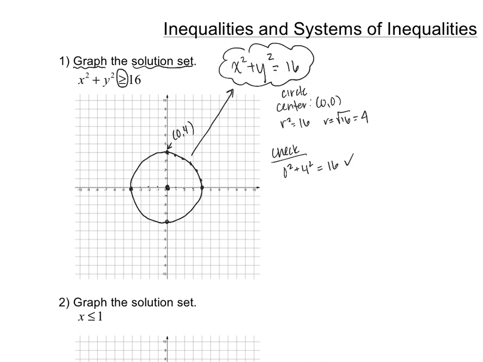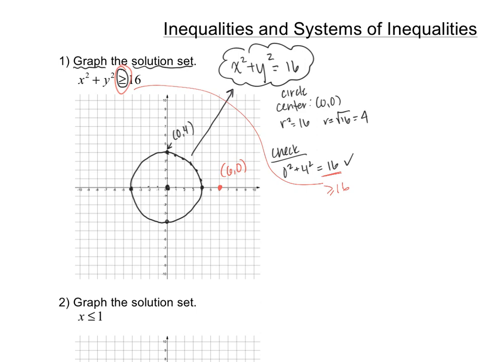So what we're looking at now with inequalities is actually a bunch more solutions. When it says x squared plus y squared is greater than or equal to 16, we're looking at ordered pairs that will make a quantity that is not just equal to 16, but bigger than or equal to 16. If I pick a point outside of my circle, let's look at this point right here. This is 6, 0.